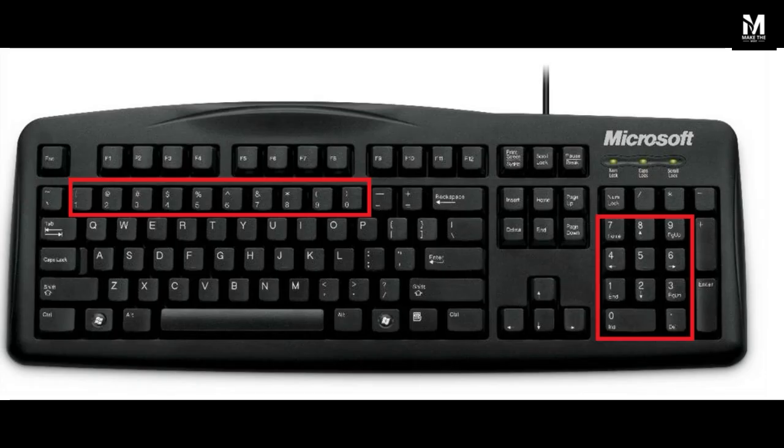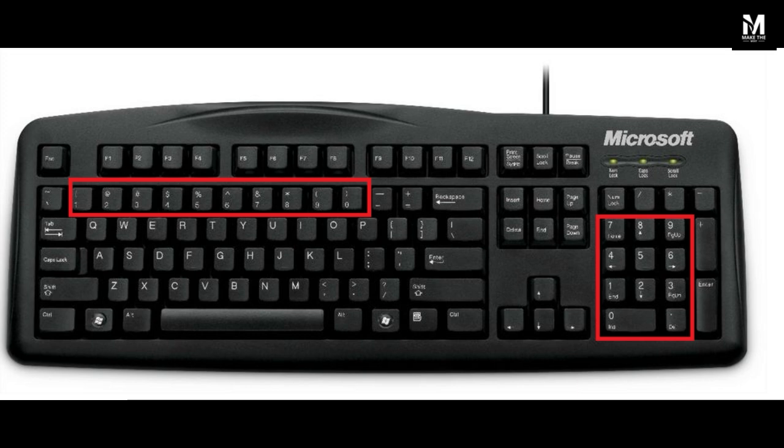The standard computer keyboard has number keys, and the number keys are placed above the alphabet keys and on the right side of a standard keyboard, and are marked from 0 to 9.